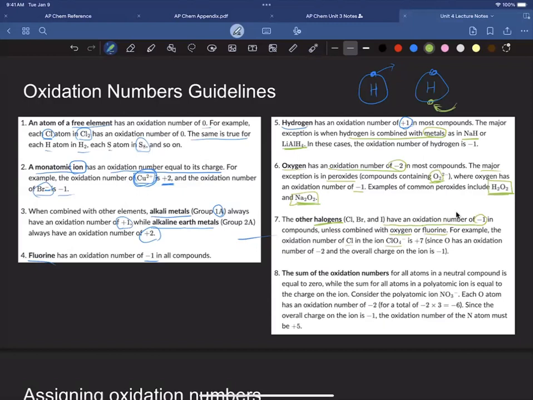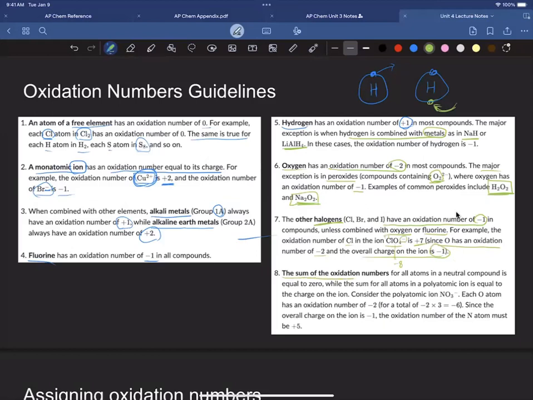Instead of gaining 1 electron, it gives away its 7 valence electrons to oxygen, and that's also because of electronegativity. Oxygen has higher electronegativity, so O has an oxidation number of -2, and the overall charge of the ion is -1. O would be -2 and there are 4 of them, so it's going to be -8. And this will be +7, so the total charge will be -1.